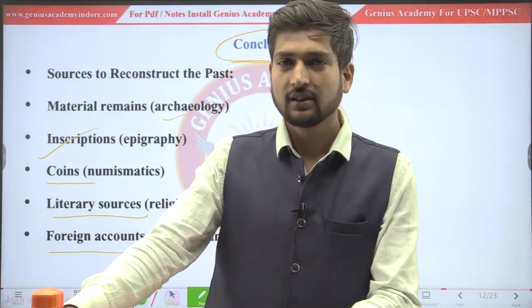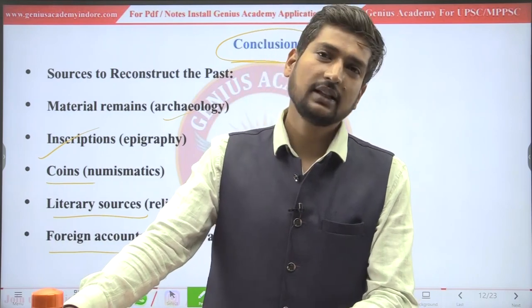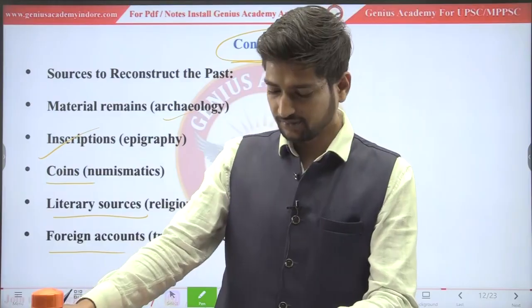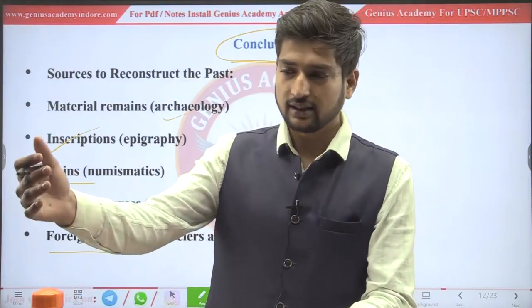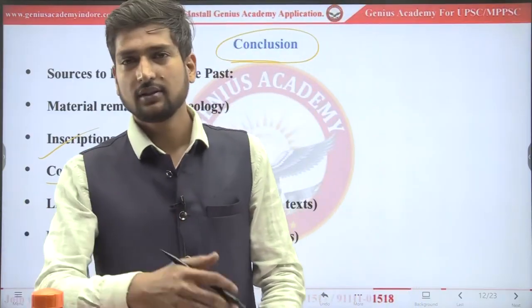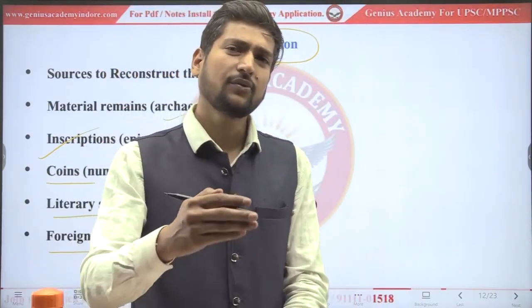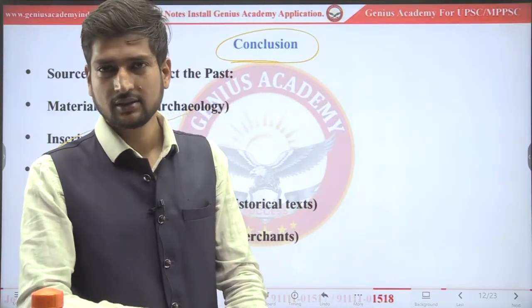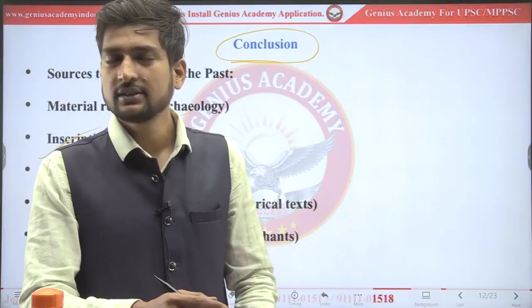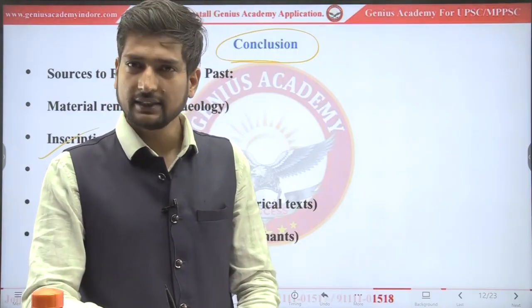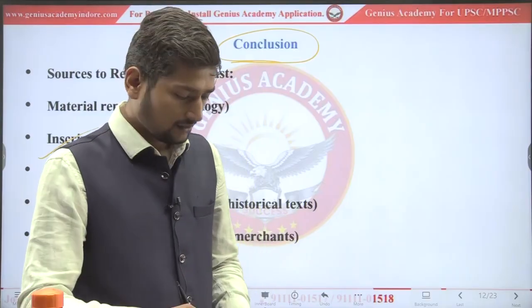Just as we have shown earlier with Fa-Hien and Hiuen Tsang's accounts. Many historians, Italians, who reached India during the period of the Vijayanagar Empire, wrote about Vijayanagar's glories, about Krishnadevaraya, about the Tamil literature. Okay.